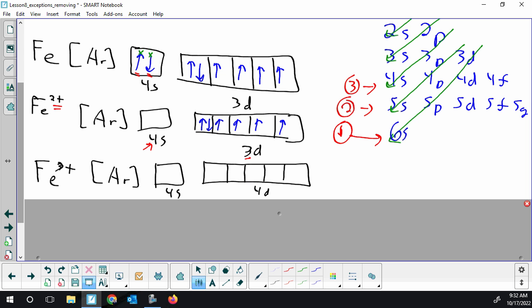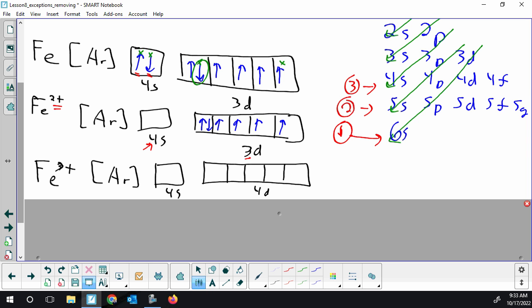Now, which D are we going to take out? Is it going to be this one, or is it going to be that one? We'd have to think of how we want electrons in orbital diagrams, and we'd want the most parallel spin would be the most stable. So the most parallel spin, the same spin, would actually be to remove that electron. Then we'll have all spin ups.